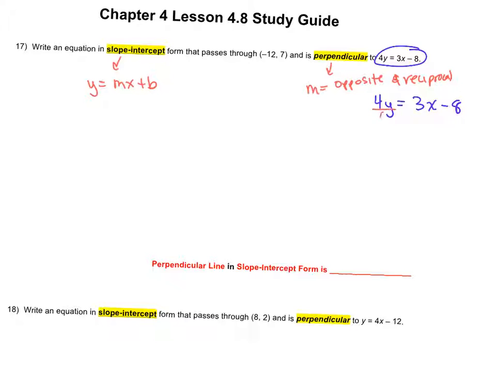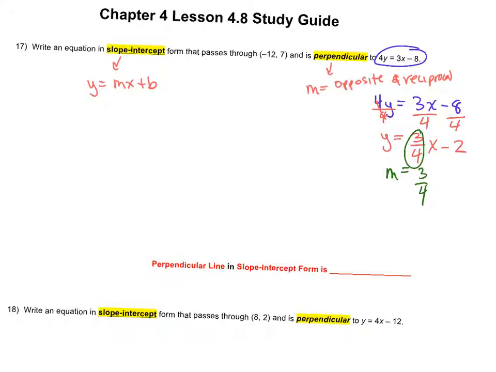You would divide everything by 4, everything. So your new equation would be y equals 3/4 x minus 2. That equation that they're giving me is the line that I am perpendicular to, my new line. If my new line is perpendicular to y equals 3/4 x minus 2, and I can identify that the slope of this line is 3/4, then what is the slope of the new line going to be?